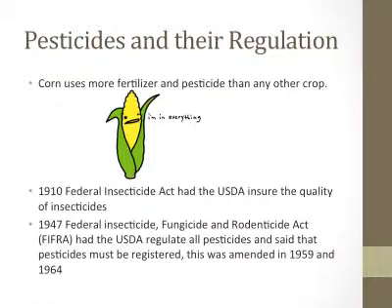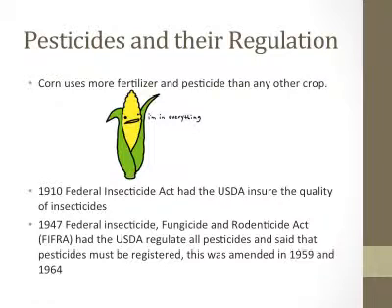Which doesn't sound that crazy, except that we use corn not only for food, but in a lot of other industrial things. We use it to make a lot of stuff, so we have to produce a lot of corn to keep all of our products where they need to be. Considering it uses more fertilizer and pesticide than any other crop, and we grow so much of it, that alone is a big percentage of our pesticide use.